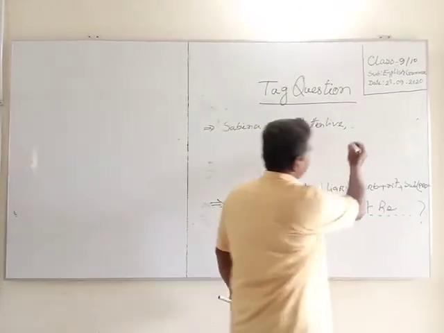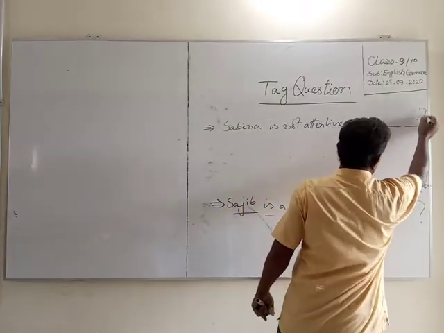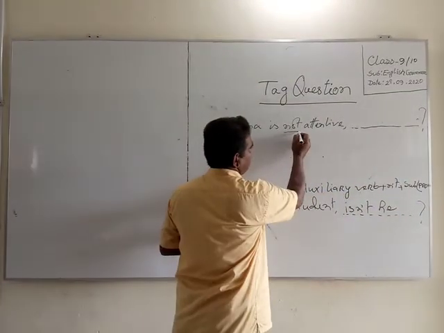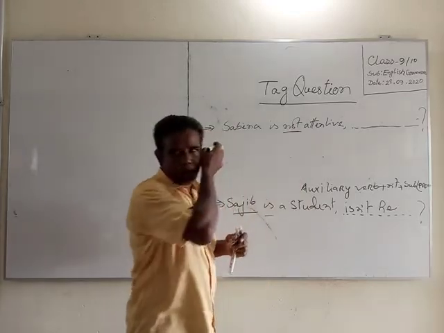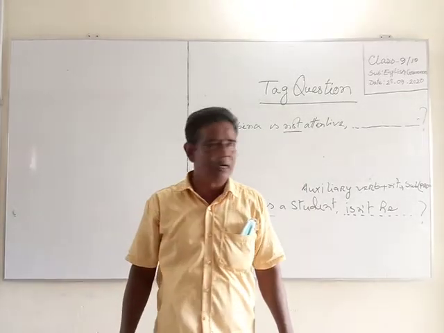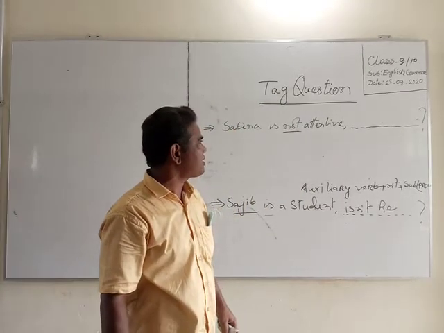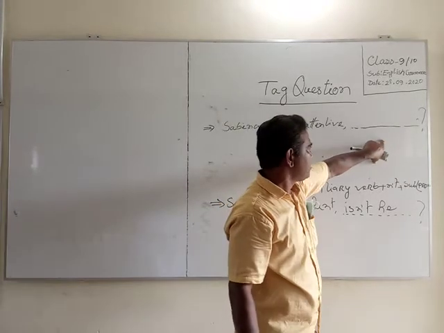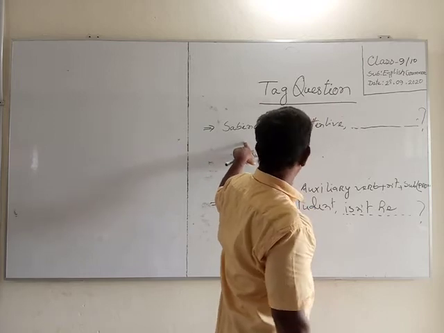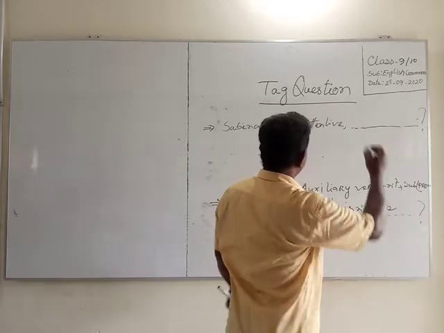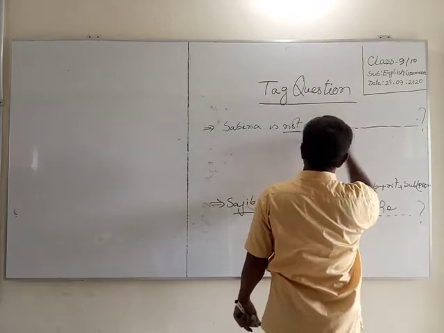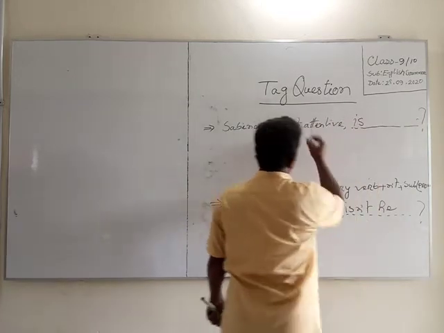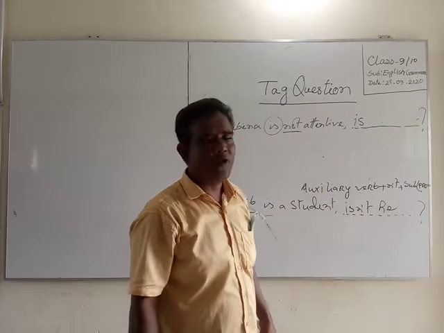So here the statement is negative. From our previous lesson, we learned that if the statement is negative, the question is affirmative. So here the auxiliary verb is, and not is fully omitted.